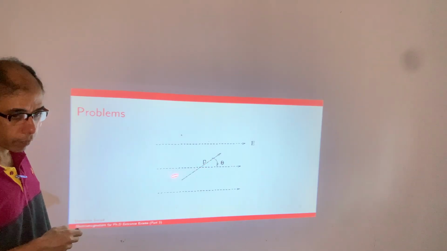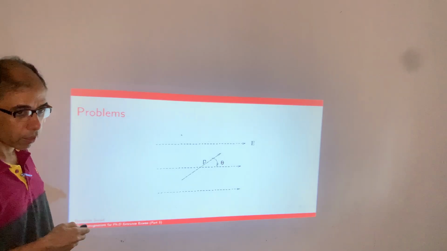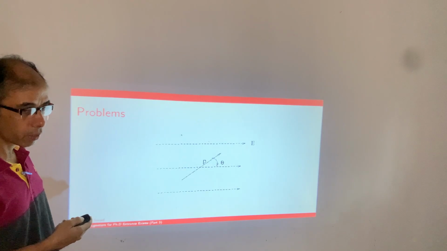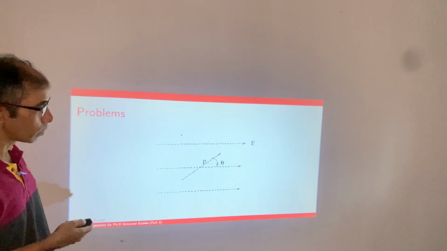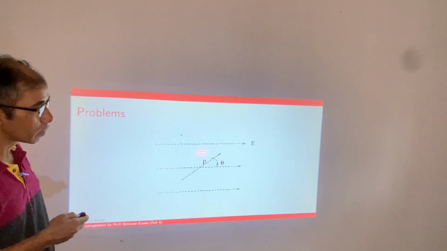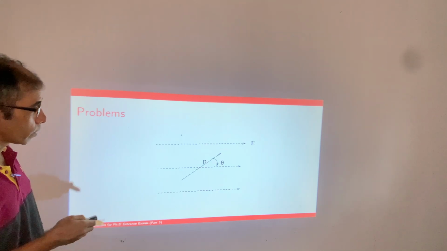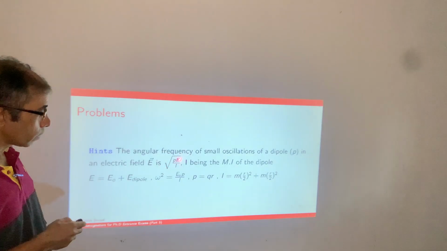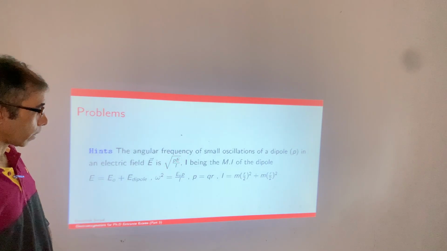It is p cross E, and torque is equal to I, the moment of inertia, times d squared theta by dt squared. If theta is small, you can easily conclude that this is the equation of a simple harmonic motion, and the frequency of oscillation will be the square root of pE by I.